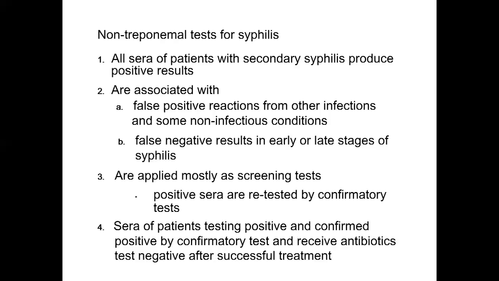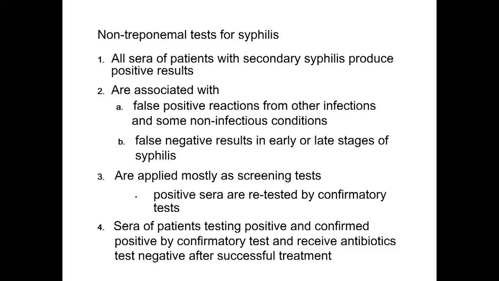So all sera of patients with secondary syphilis produce positive results. Secondly, they are associated with false reactions. One can have false positive reactions. You see, this anti-cardiolipin antibody that is being detected can be produced by other infections. It can also be produced by some non-infectious conditions. And if that is the reason it's being detected and not syphilis, then it is a false positive reaction.